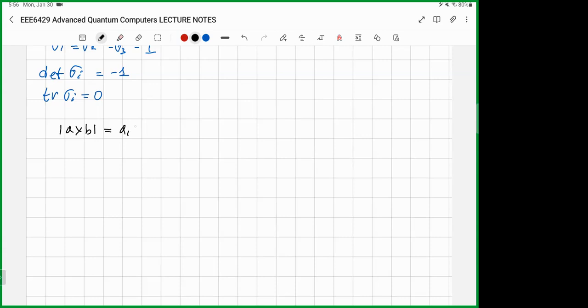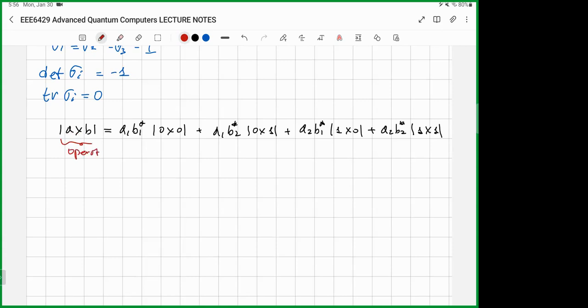Simply A1 B1 complex conjugated |00>, plus A1 B2 complex conjugated |01>, plus A2 B1 complex conjugated |10>, plus A2 B2 complex conjugated |11>.